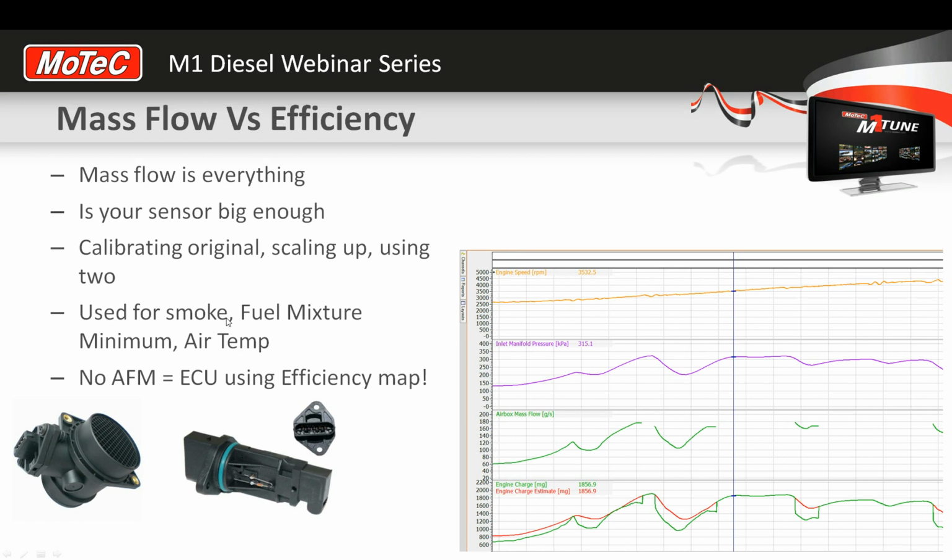And then we do have that smoke table itself as well, which is named smoke, and the vertical axis of that table is also engine charge estimate. So they're the two main fuel related tables that use the EMS meter, or the engine's calculation of airflow.